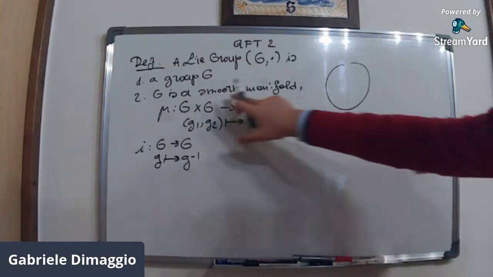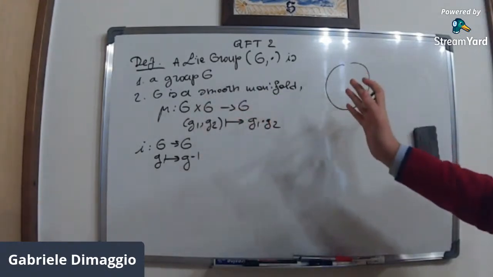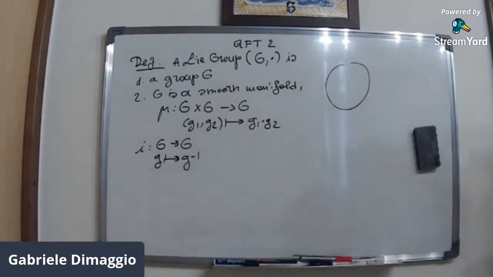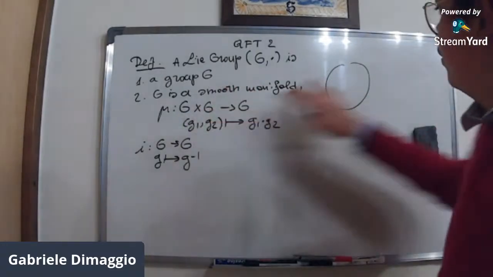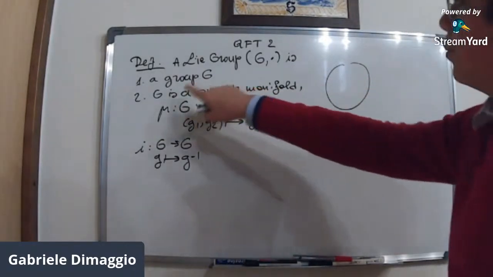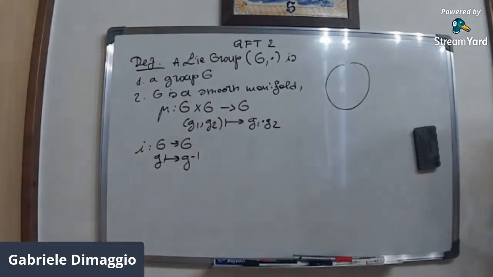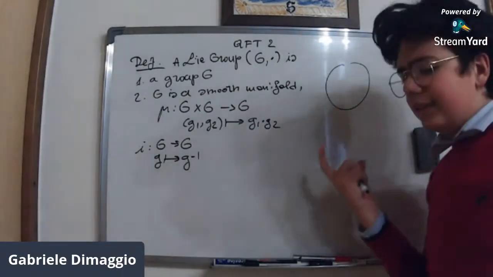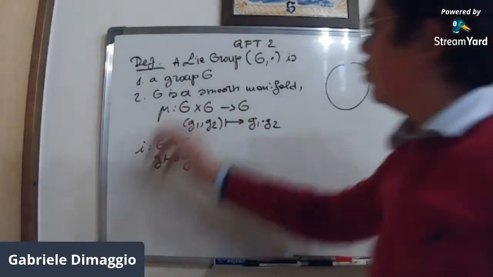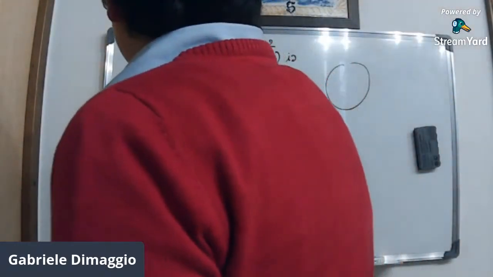A manifold is smooth when the transition functions are smooth. So it's a smooth manifold with a group structure. This manifold is a group too, and then I have these two maps, 1 and 2.